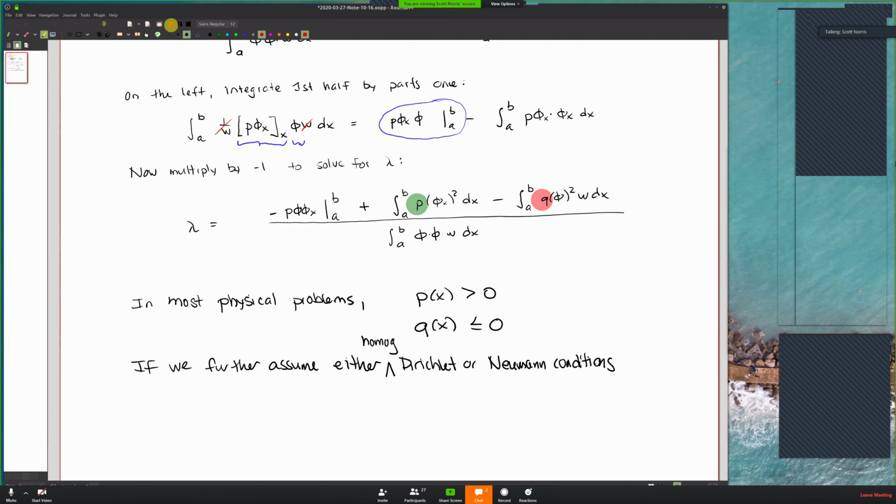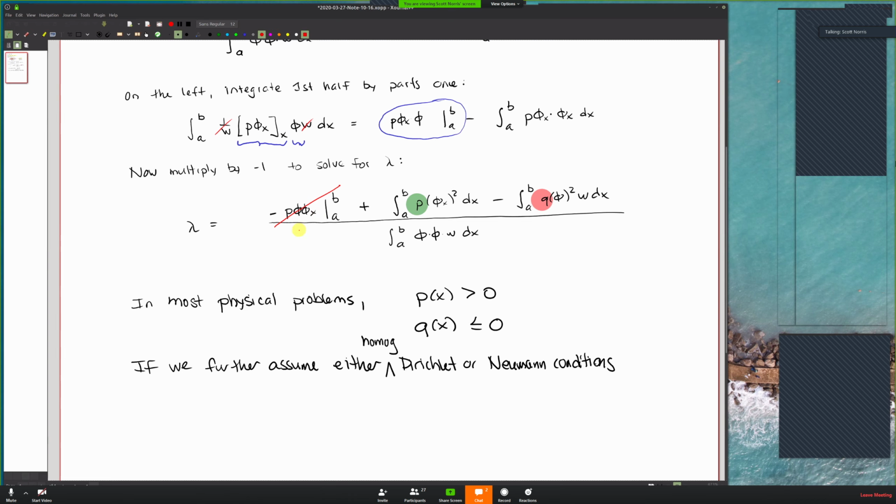If you have homogeneous boundary conditions, then these terms go away. If you have a homogeneous Dirichlet condition on one side, then phi is 0 on that side. If you have a homogeneous Neumann condition on one side, then phi x is 0 on that side.